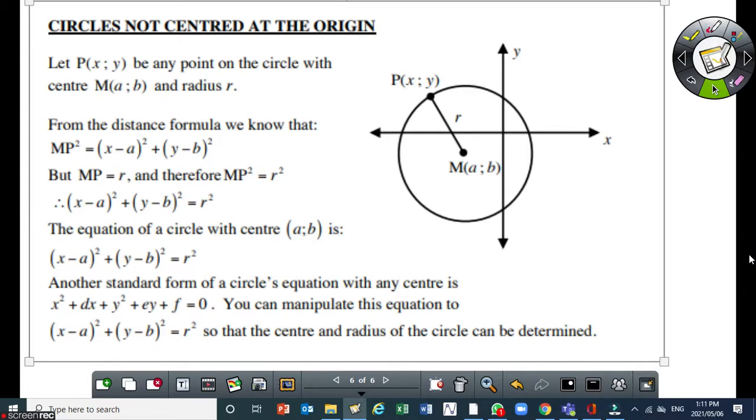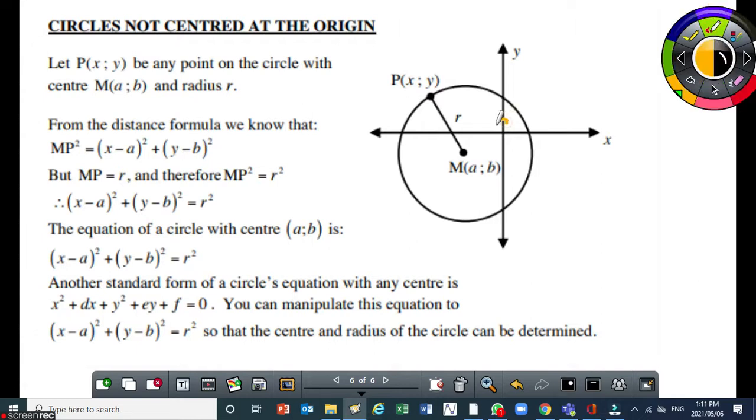So our center of the circle is no longer at the origin. It's no longer here. It's now at another point, or it's now in any quadrant. The center we represent by capital letter M, where x is equal to A and y is equal to B. Obviously, we still need a point on the circumference.